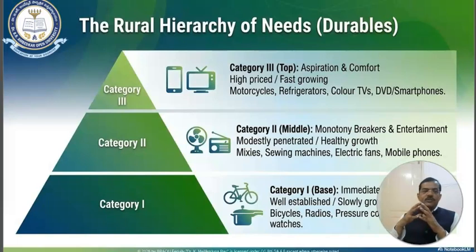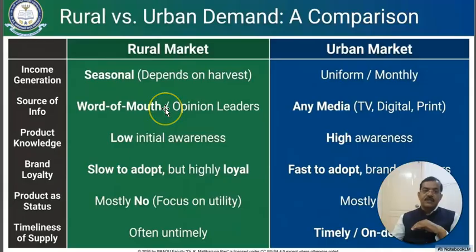The rural income generation is seasonal, seasonal demand, seasonal. At the same time, depending on the harvest, while urban income is more uniform, and they will get monthly.